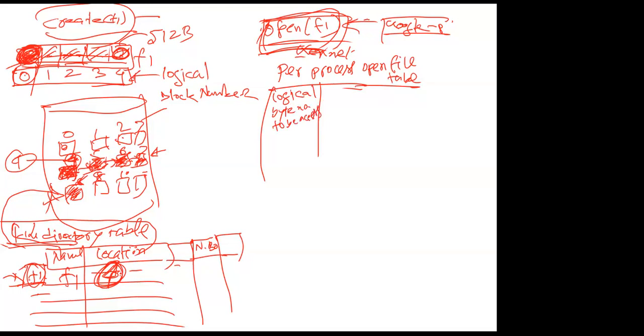Actually, which logical byte number wants to be accessed by the CPU from a file. This column maintains these things.